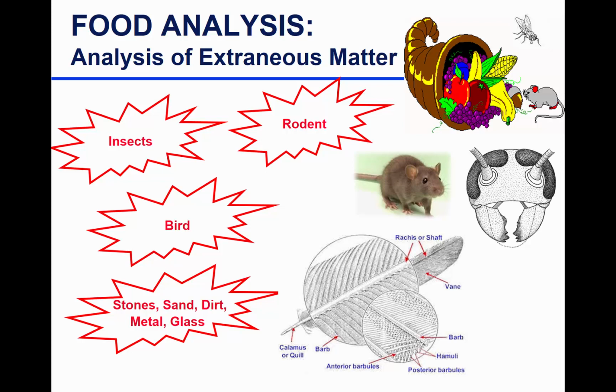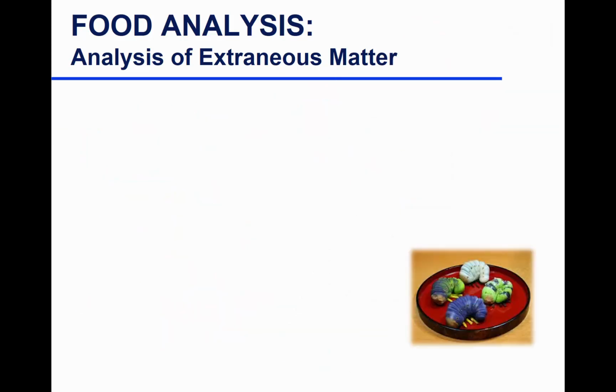All of these are considered extraneous matter. Well, insects can be food right now, and in the capstone, two groups worked on insect proteins. Yet they are still categorized as extraneous matter if they're present in your food unwantedly.